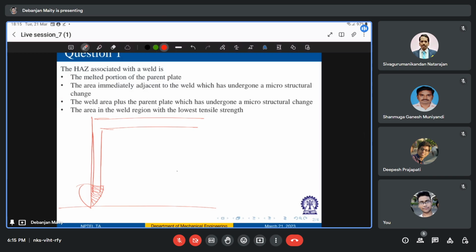What is this region where you find this columnar structure? Anyone? This is basically your fusion zone, where melting has taken place, and after melting there is solidification, and then some boundary will be there. Am I audible?